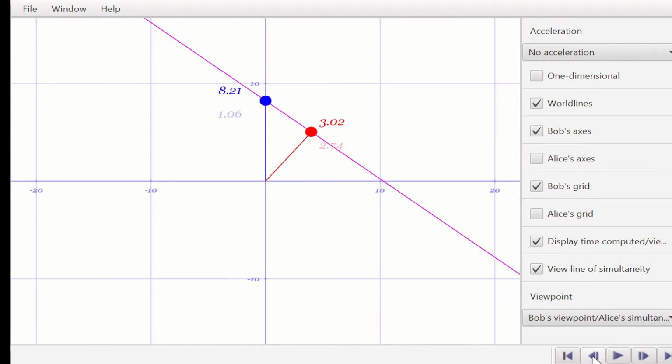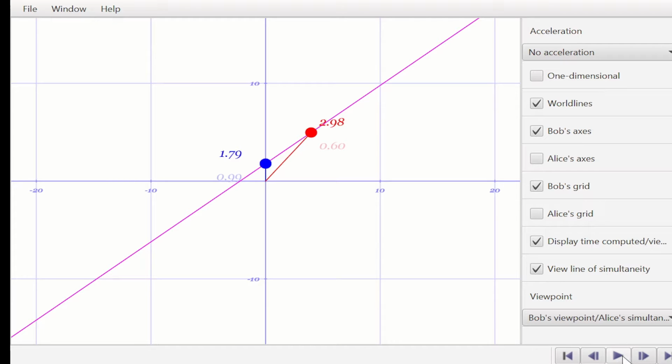Okay, when she gets to 3, she's changing her velocity instantaneously, which is not possible. So in theory, she would have two lines of simultaneity in that particular instant. But in my software, it always decides to go for the next segment of the travel, so it's going to point off to the future.